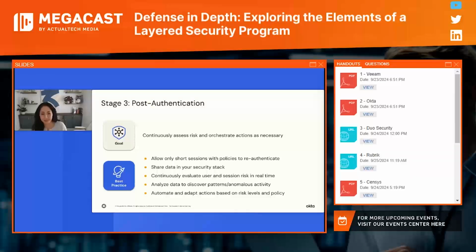As an example, malware can collect session cookies on the device, where an attacker can then use those to log in and move laterally. So to mitigate session cookie theft, you should only allow short sessions, have users re-authenticate frequently, and implement policies that require users to re-authenticate their session whenever a user closes or opens the browser, or maybe when they're attempting to access a sensitive resource.